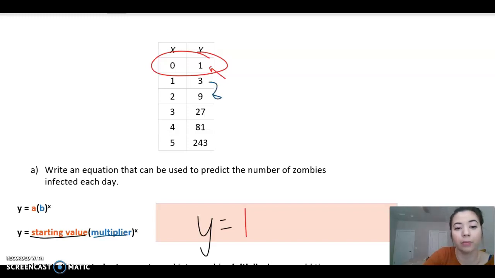How many are we multiplying by each time? Go ahead and take a second and figure that out. And we're multiplying by 3 each time. 3 times 3 is 9, 9 times 3 is 27. So we're going to have 3 in our parentheses and then our exponent.